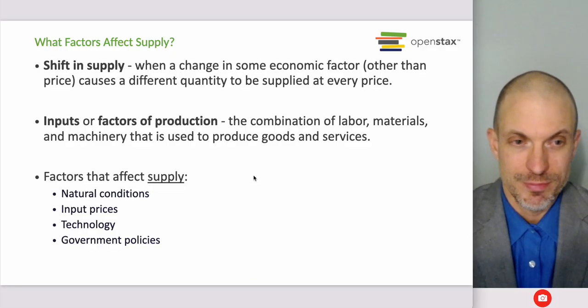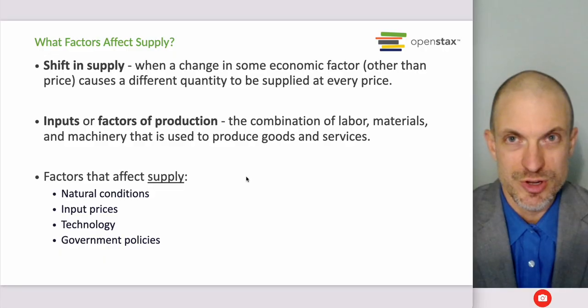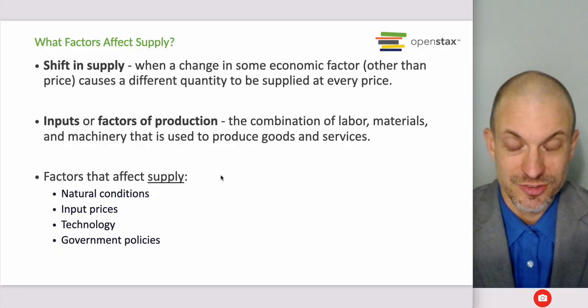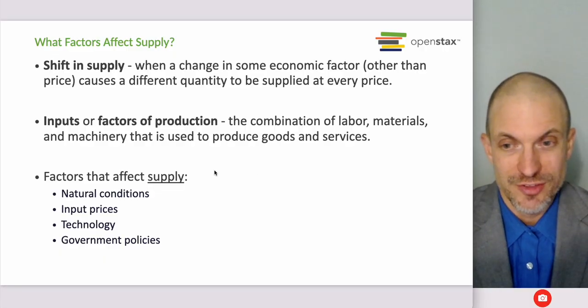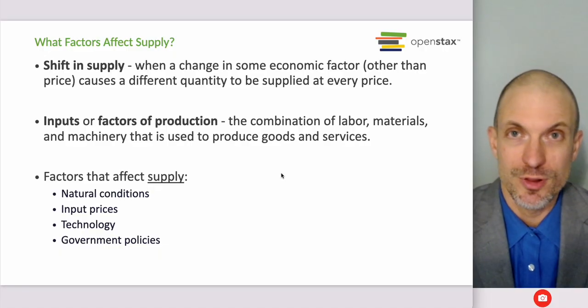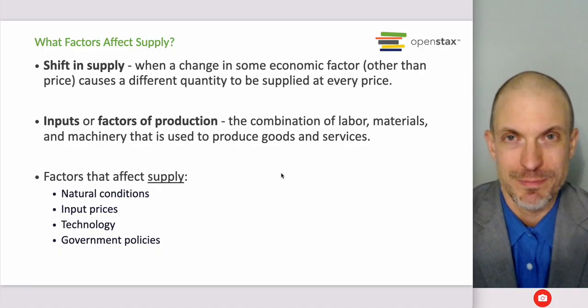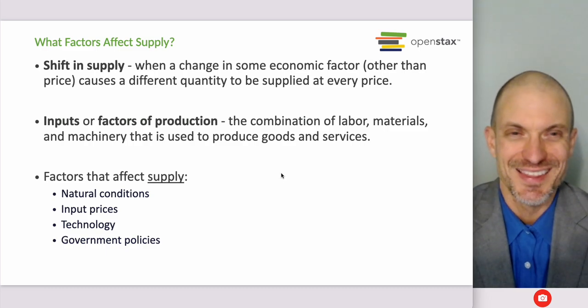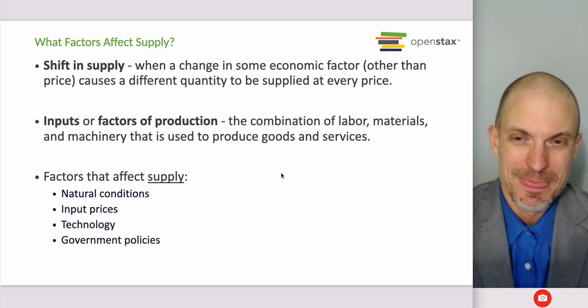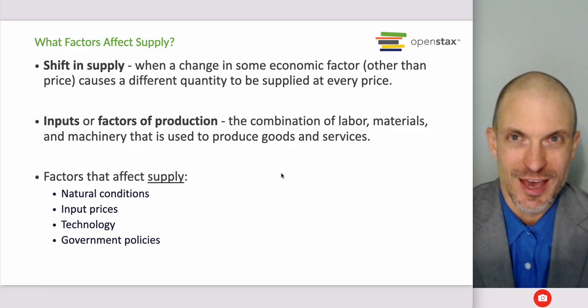So if there's something else that they could better be using their resources towards, they'll switch to that thing instead. So there'll be a decrease in supply. It's like Apple, right? Apple computers. They made the iPod, then the iPhone, then the iPad. They basically no longer make the iPod.